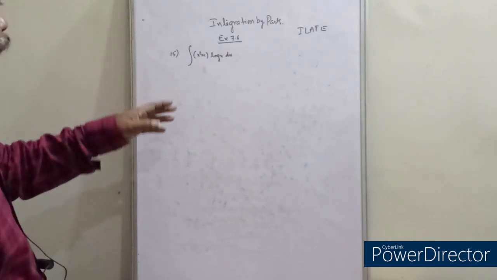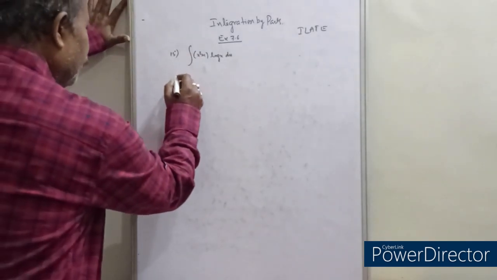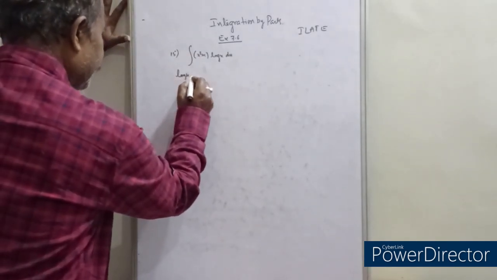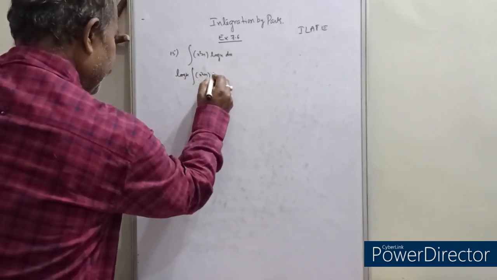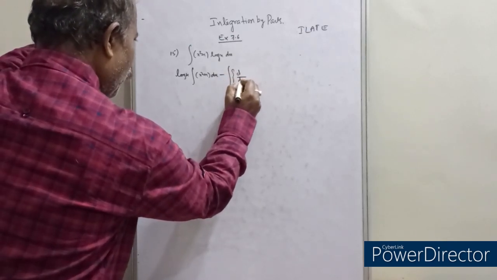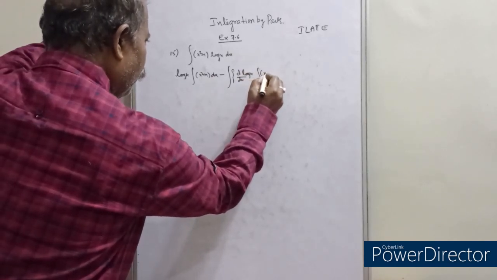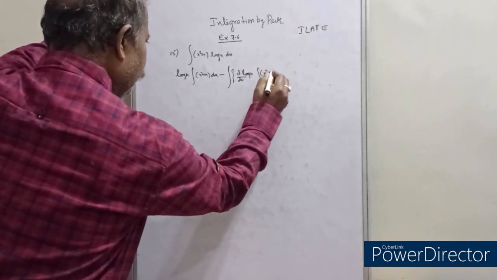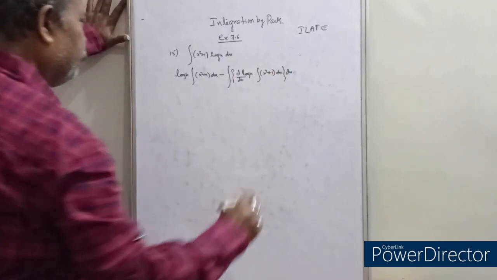Log is before algebra, so log is your first function. Log x integration of x square plus 1 dx minus integration of the differentiation of the first function and again the integration of your second function, and then close dx.